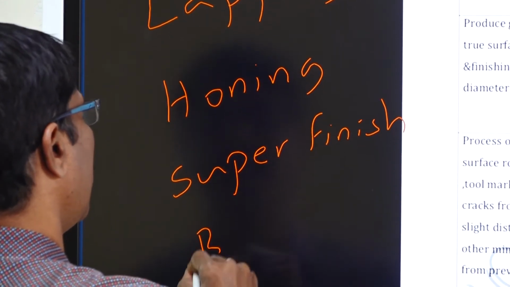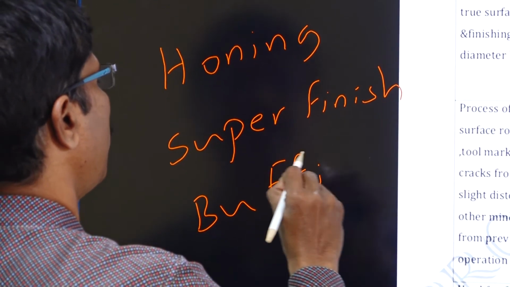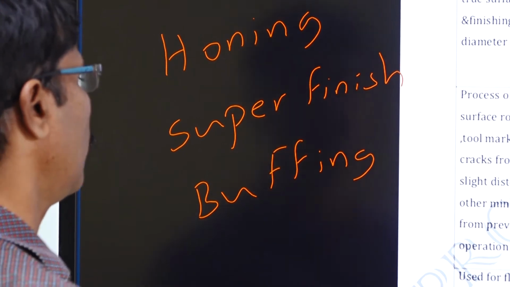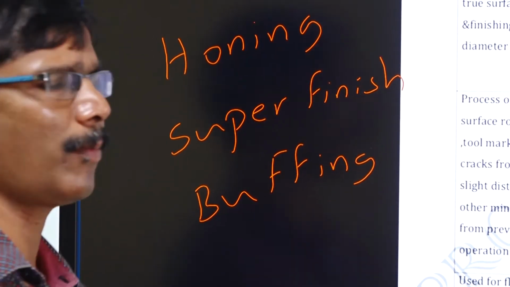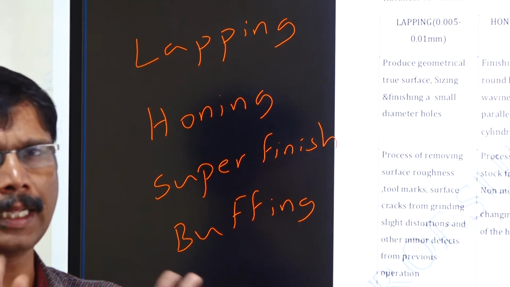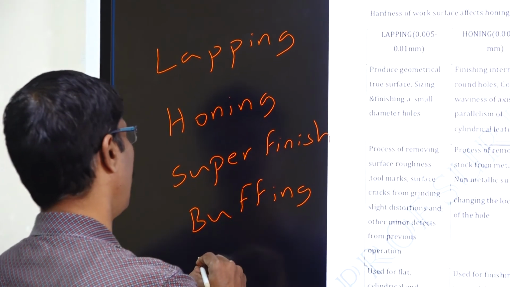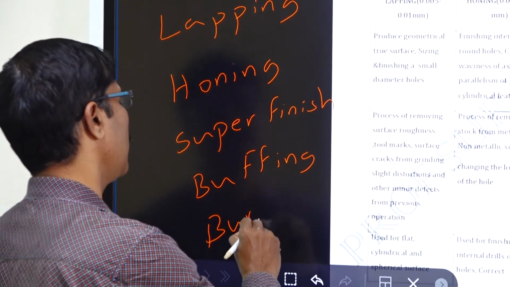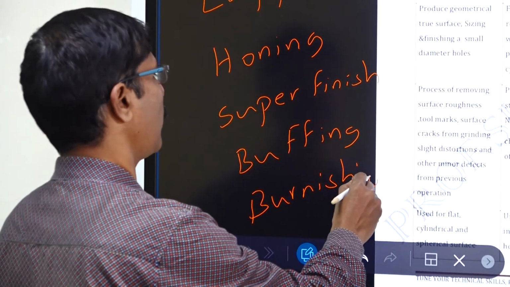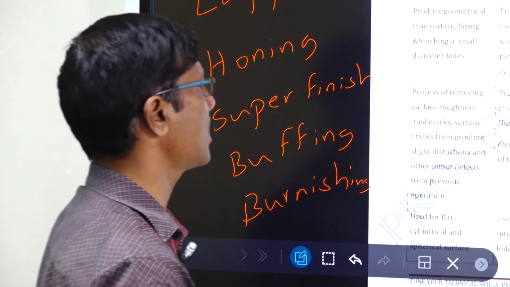Buffing can be done with cotton fabric dipped in grinding particle solution. And burnishing, where we remove the burrs. These are the surface finishing operations.